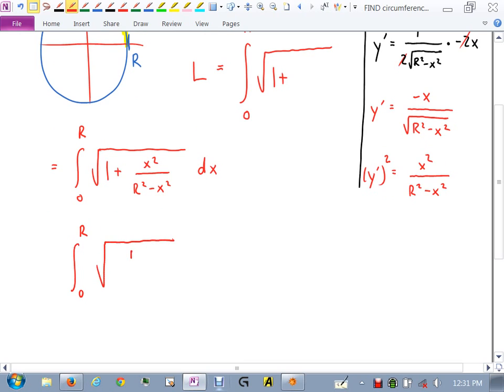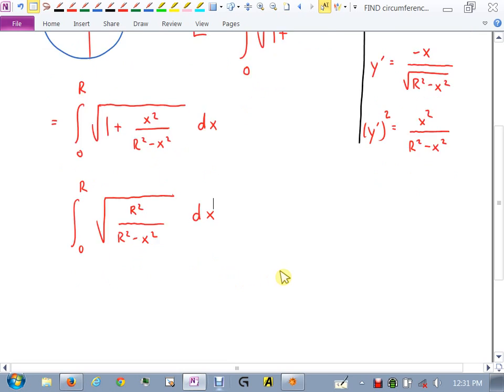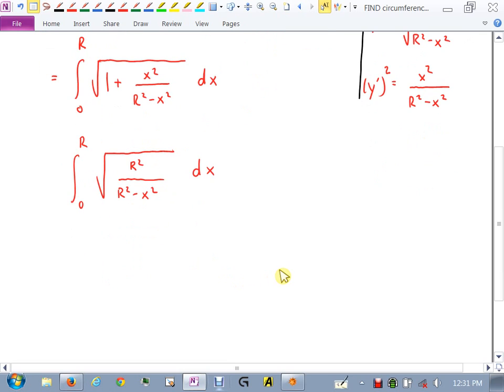you said it was just r squared on top over the common denominator? dx? If I have a fraction under a root, I can split it into 2, right? And so the top would be the square root of r squared, which would be what?